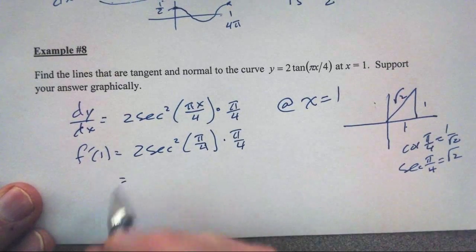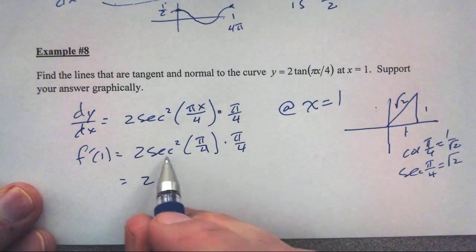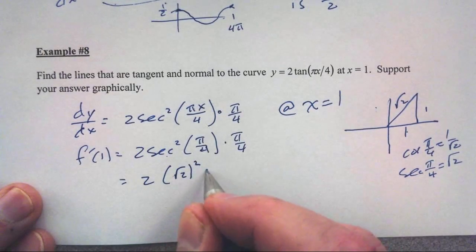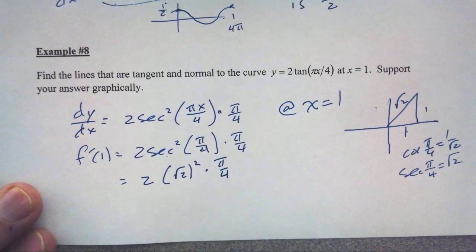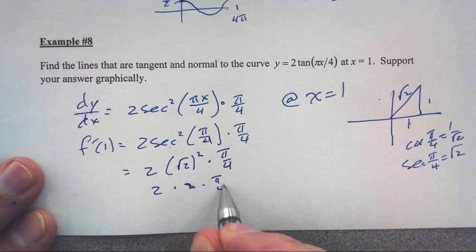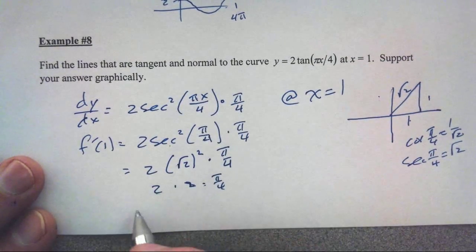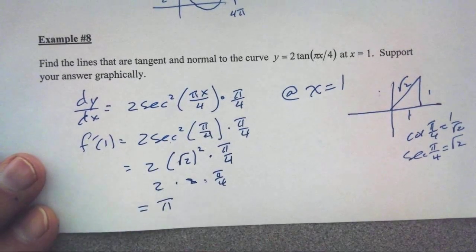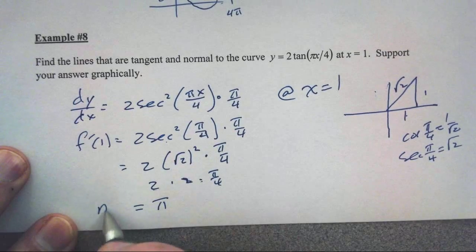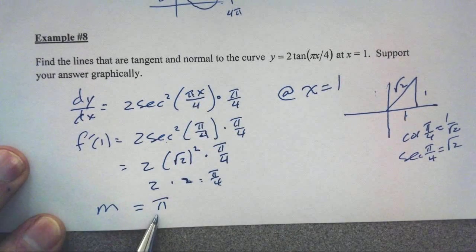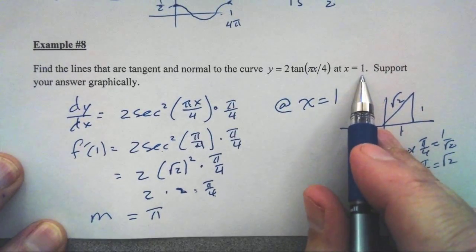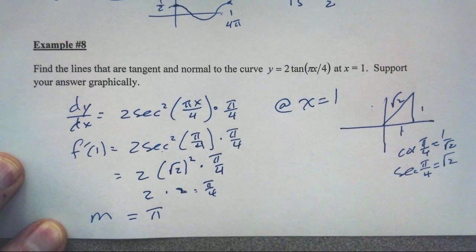So I get 2 secant squared of pi on 4 is 2 times root 2 squared times pi on 4. What good happens here? 2 times 2 times pi on 4. 4 times pi on 4 is pi. So that is our slope, or our f prime is pi, and we are at x equals 1.